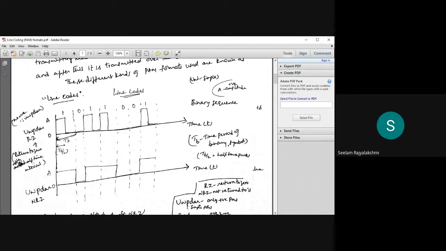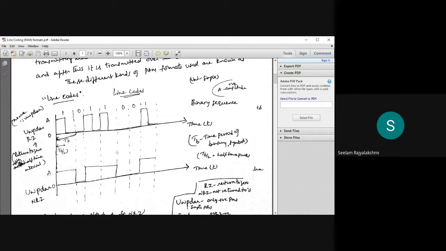We don't have any bipolar. These are the unipolar formats which have an average DC value. If we want DC value 0, we need the negative values also. But because of the unipolar format, we don't have any negative sign.